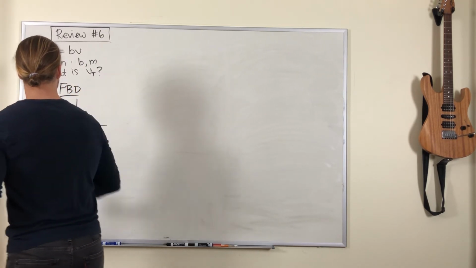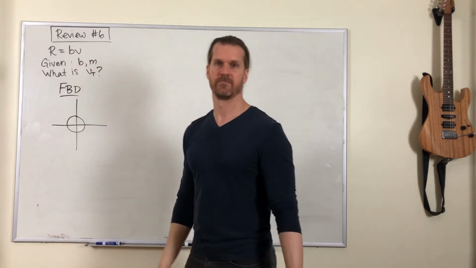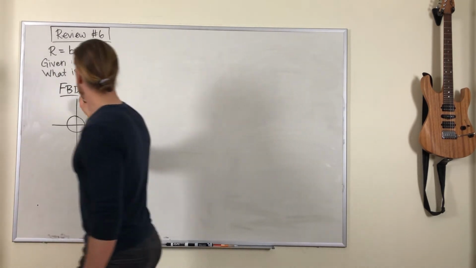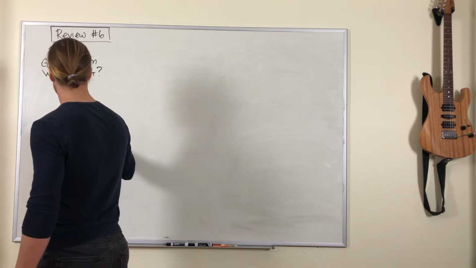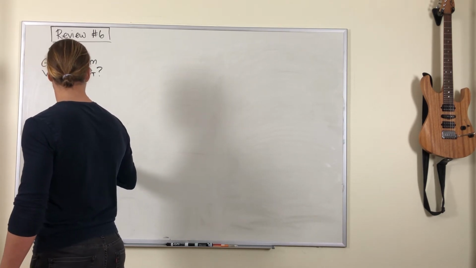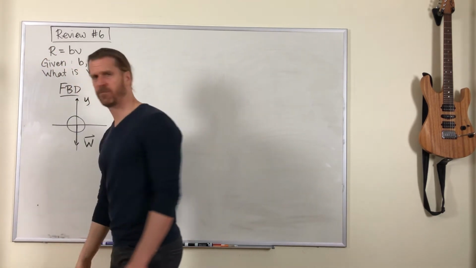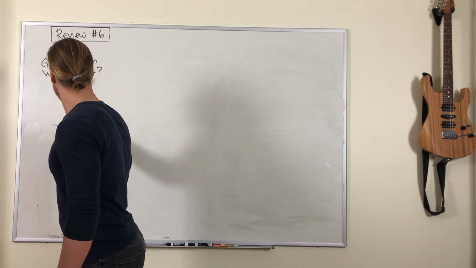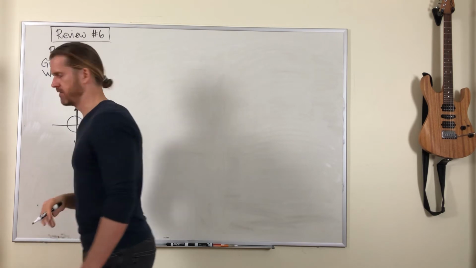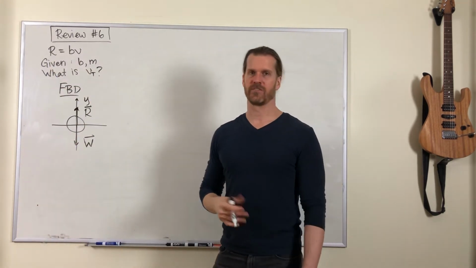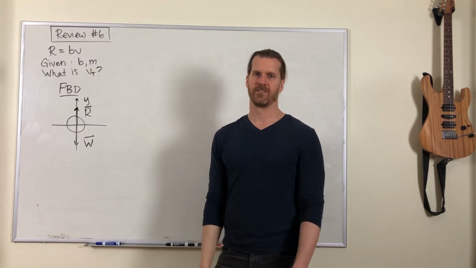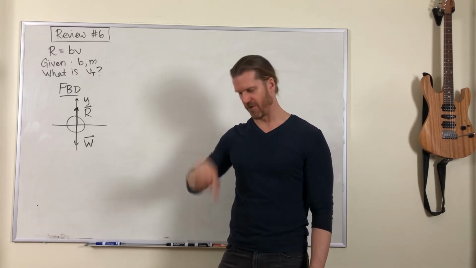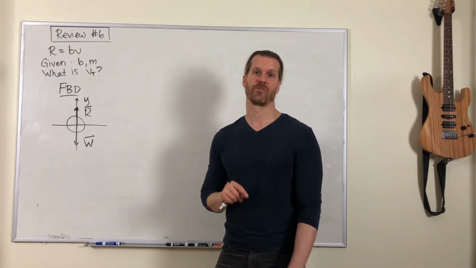Let's say we've got an object. I'll just draw it as a ball shape. It's fallen, so gravity is pulling down, and it's got this resistive force. All resistive forces, air resistance, friction, whatever, they oppose the direction of motion. So if you're falling downward, the air resistance force points up.